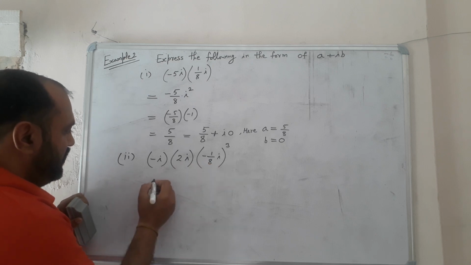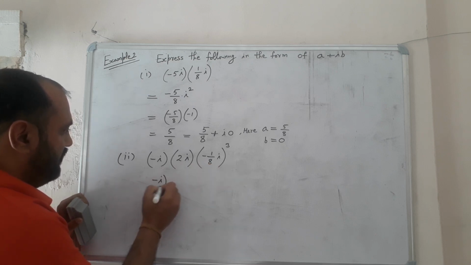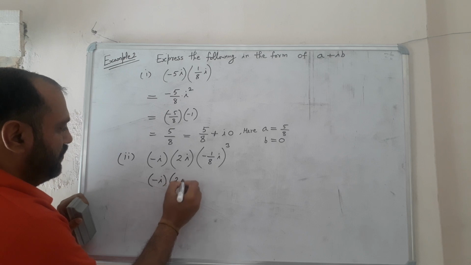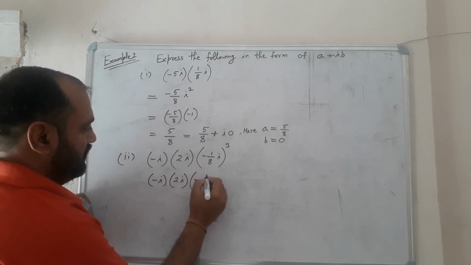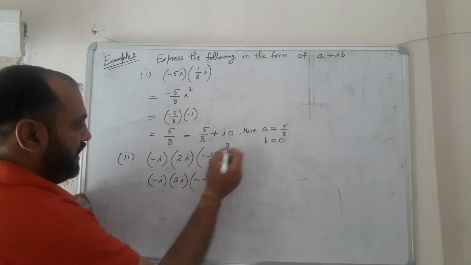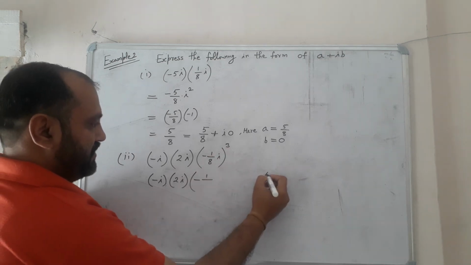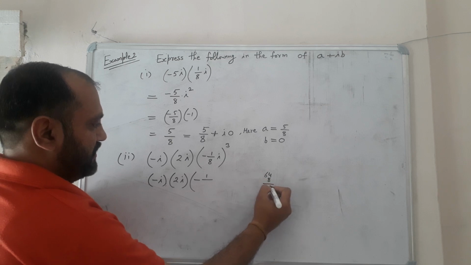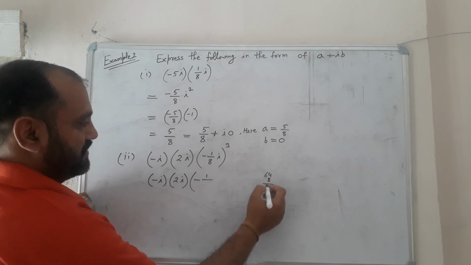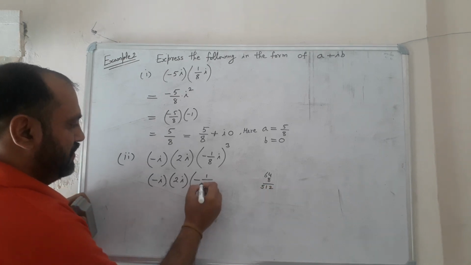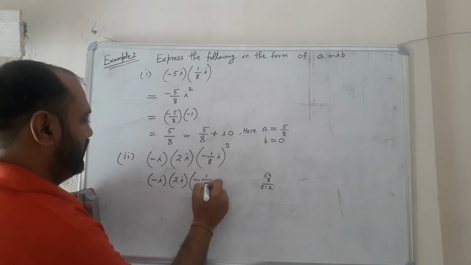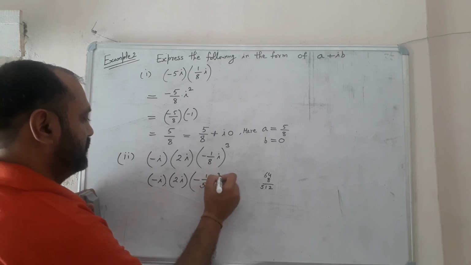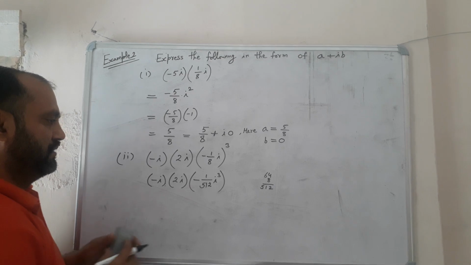First of all, write this: minus iota into 2 iota into minus 1 by 8 iota whole cube. 8 cubed is 64, 64 into 8, that is 512. So this is 512 iota cube, right?